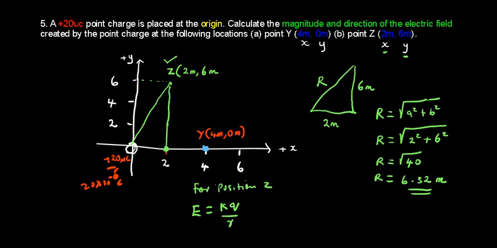K is the constant, 9 times 10 to the power 9, then multiply by the charge. The charge is the same thing, which is 20 times 10 raised to the power negative 6. So this is the charge here. Then divided by the distance, 6.32, all squared.